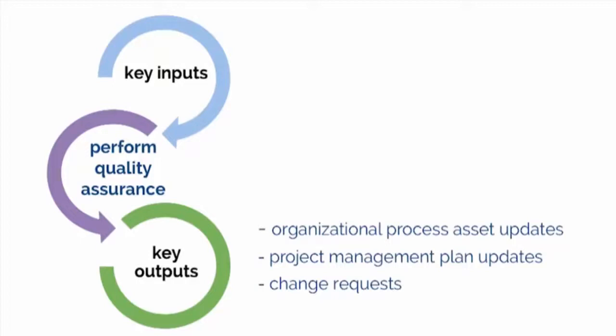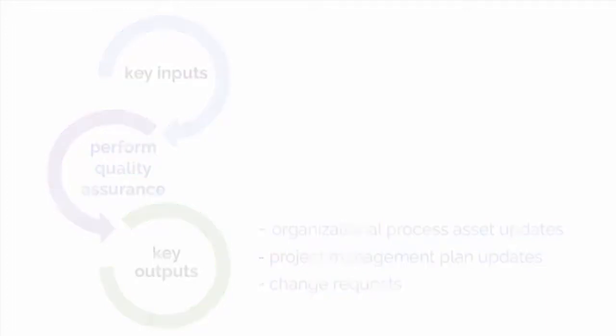Change requests are often made in this process when we need to take corrective action, preventive action, or to perform defect repair. For the project management plan updates, this is really about updating the quality management plan as we go through the quality management knowledge area. Any updates to the quality management plan form to become part of the overall project management plan.